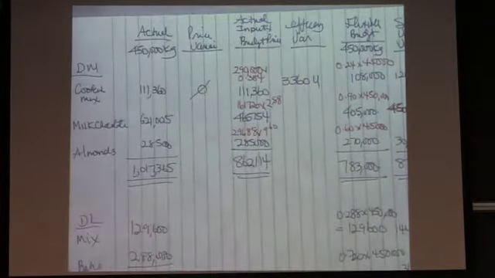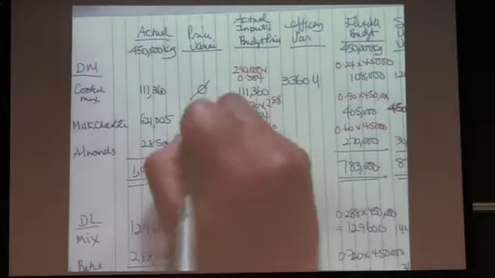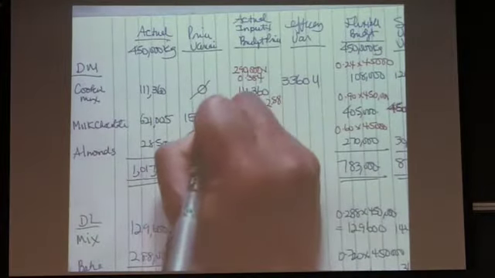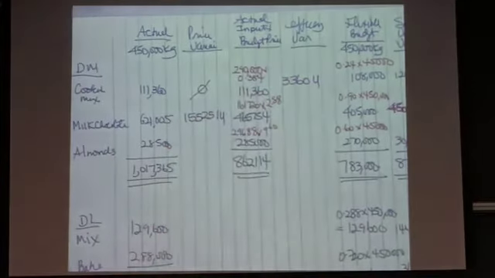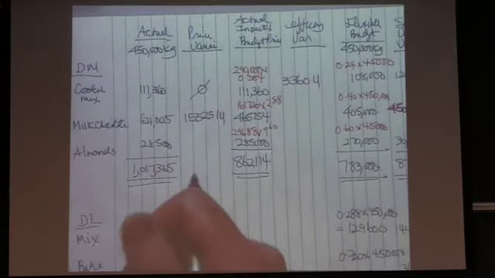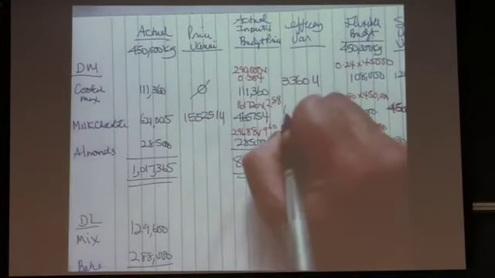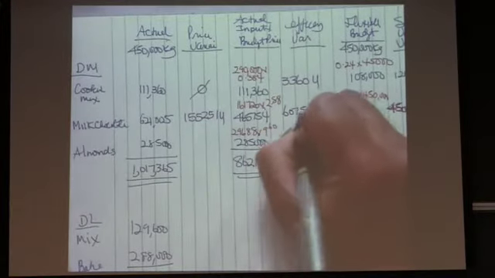Now, for milk chocolate, we spent way more on price. That could be because the price of milk or chocolate, which are commodities, may have gone up, and we can't control that. And of course, in this case, there is an unfavorable variance of 60,754.